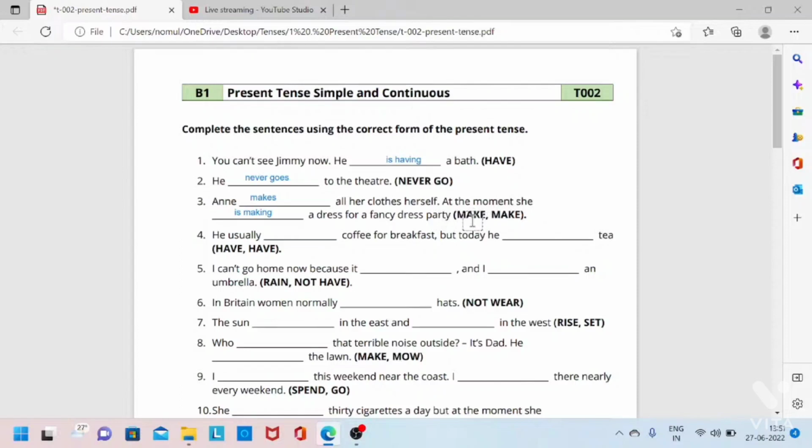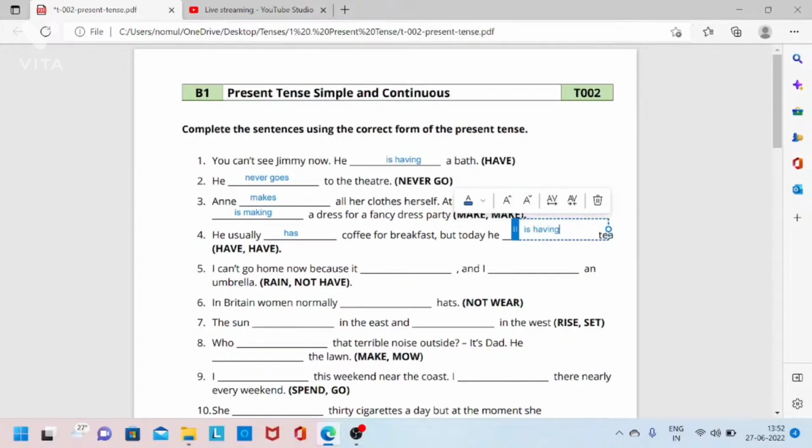Here they have already given us how to make the sentence. Next, let's move to the fourth. He usually dash coffee for breakfast, but today he dash tea. So here, he usually has coffee for breakfast, but he is having tea.